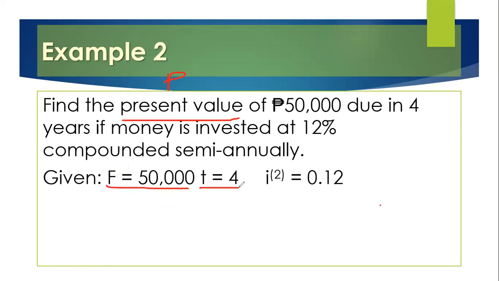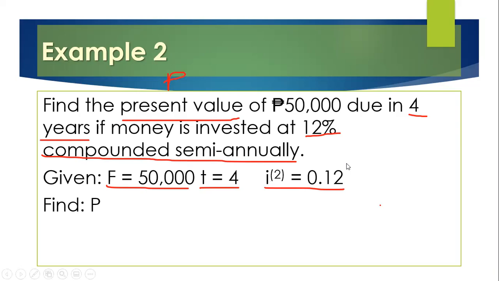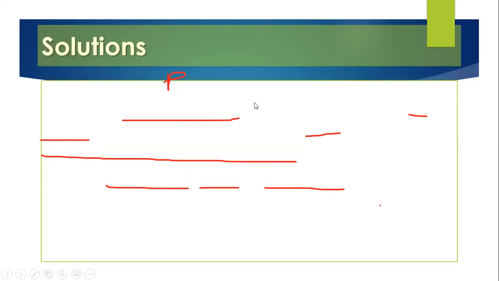Given tayo ng T, sabi niya 4 years. Given tayo ng i raised to 2, yung interest. Pero compounded semi-annually daw siya. So yung i raised to 2 natin is 0.12. So P yung hinahanap.